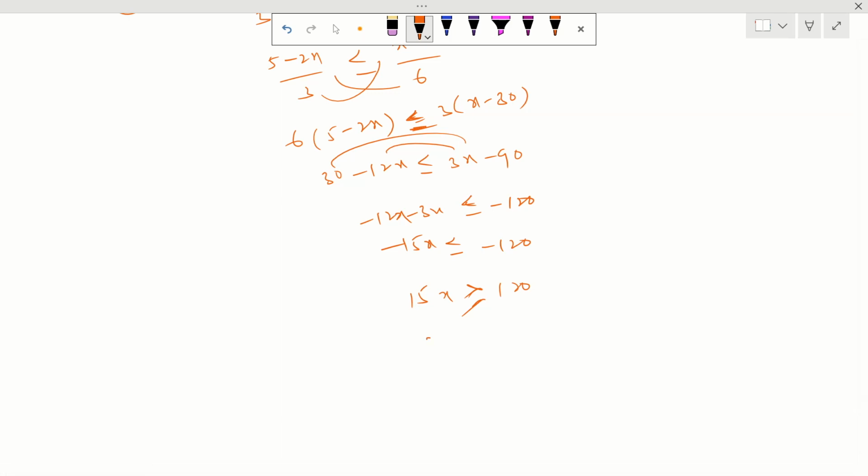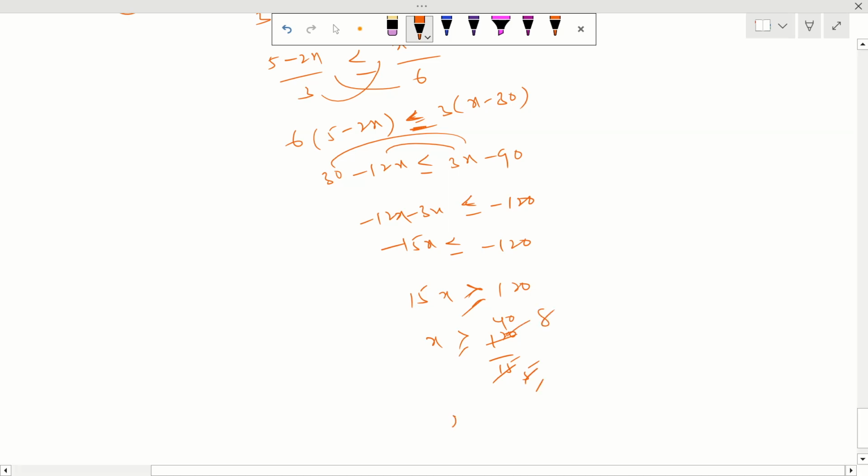Then x is greater than or equal to 120 divided by 15. 5 threes are 15, 3 fours are 12, then it is 40 by 5, 5 eights are 40. Then x is greater than or equal to 8.